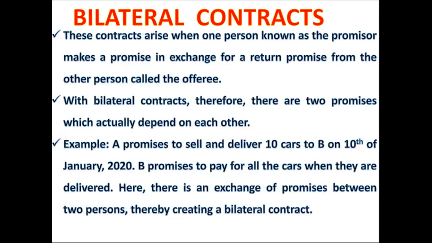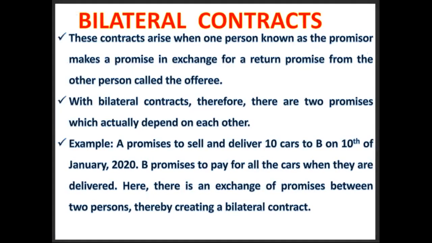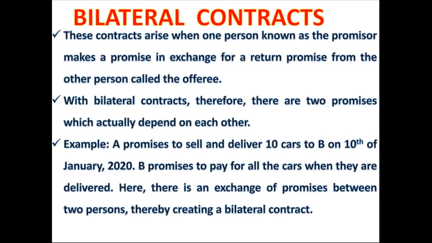And then the other person too is saying that I also promise to pay you $100,000 for your vehicle. Now, what you can see in this case is that the person making the offer only promises to sell his vehicle to a particular person. The person making the acceptance is also promising to pay a particular amount of money.